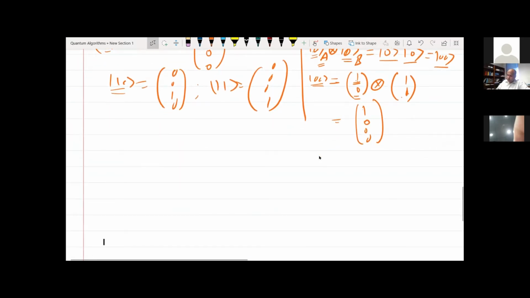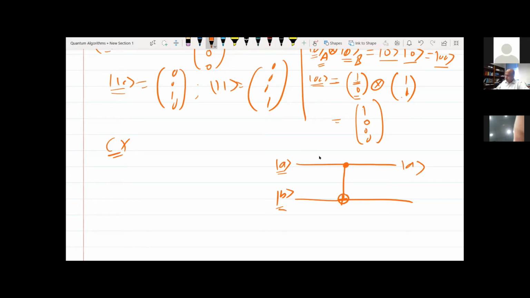Okay, let's now talk about the control X gate. So a control X gate has a symbol like this. And let's say we have a qubit A and qubit B in some state A and some state B. So this is defined in a way that this qubit remains as it is, and the second qubit is applied with an X gate.